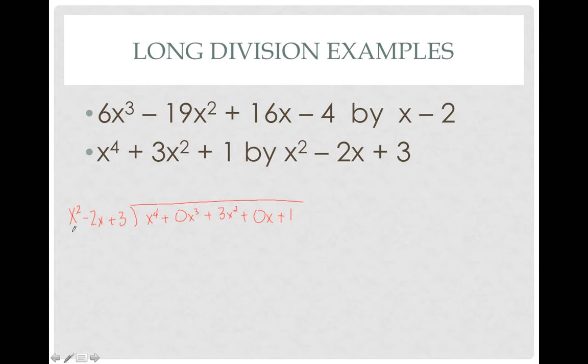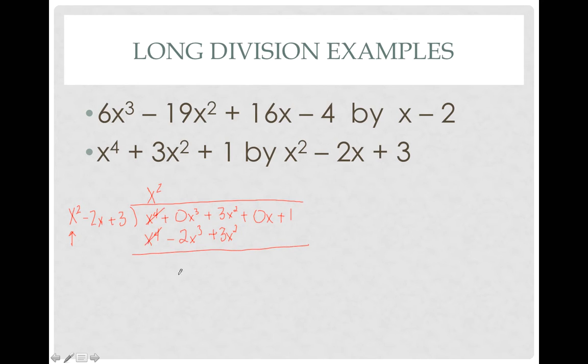So I ask myself, what do I need to multiply by x squared to get x to the 4th? I know that to be x squared. So if I multiply x squared by the entire quadratic, I get x to the 4th minus 2x cubed plus 3x squared.